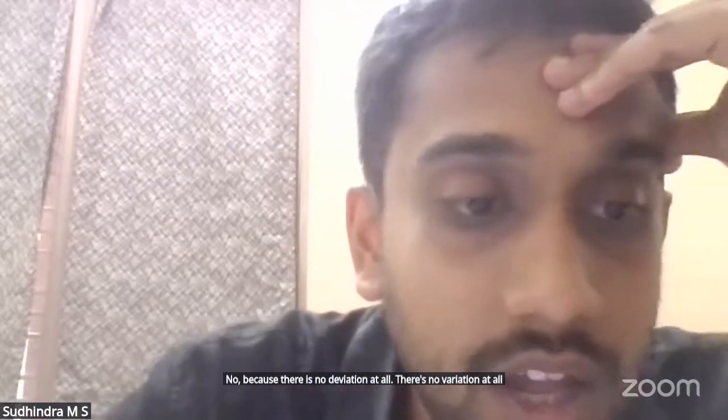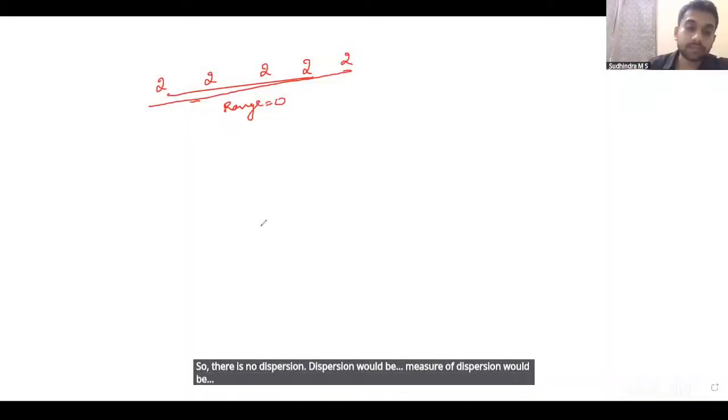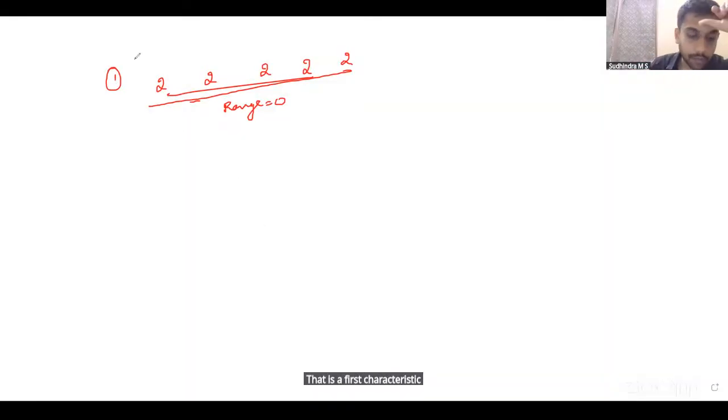That is the first property. Similarly, the second property, our favorite one, is with regard to change of origin and change of scale.